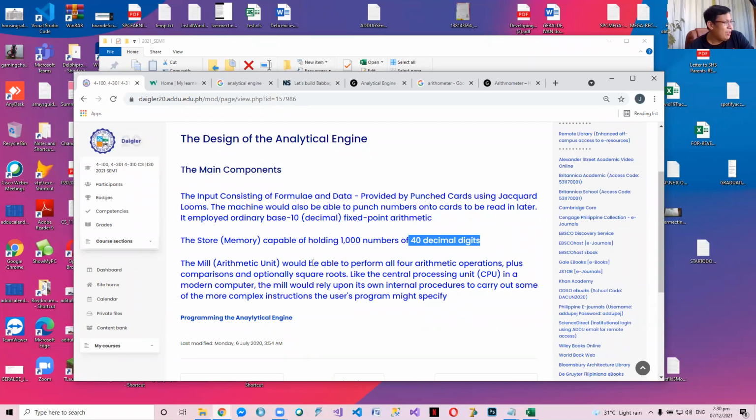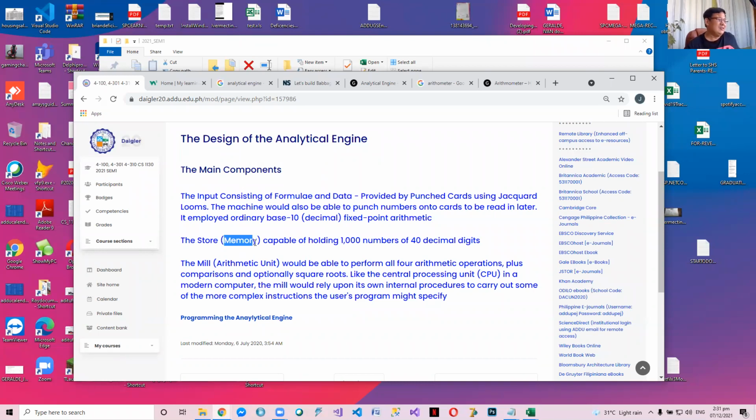The mill would rely on its internal procedures to carry out some of the more complex instructions. So ganito pala yon. Ang ating program is in the mill. Do you follow? The commands are stored in the mill. The data used by the commands are in memory, and they are fetched one by one by the analytical engine. So the commands are in the mill and the data is in the store.